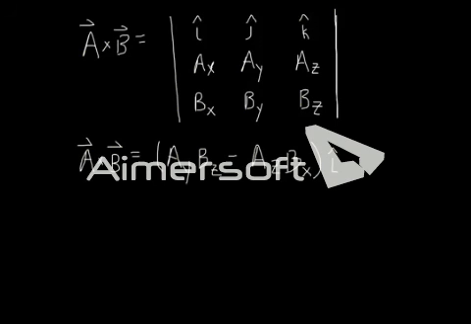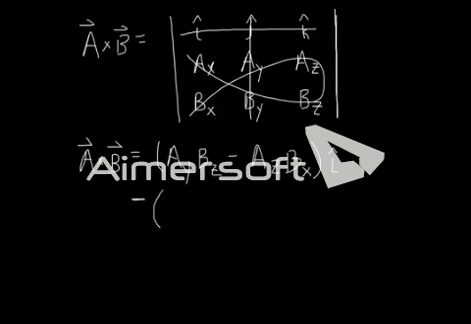So to continue taking the determinant of this, we need to take the J hat direction. So I cross out my column for J hat, cross out my row for J hat, I draw my little fish, and the important thing to note for this direction is that instead of adding, I subtract. So I subtract my fish that I make in my usual way, AX times BZ minus AZ times BX.